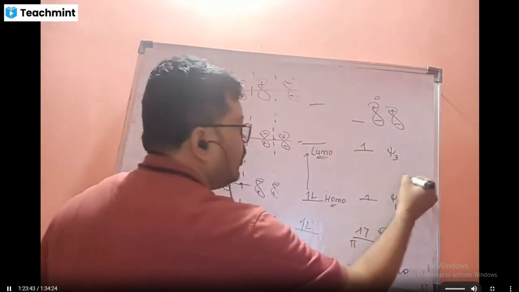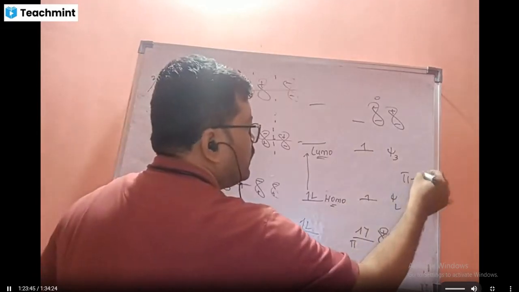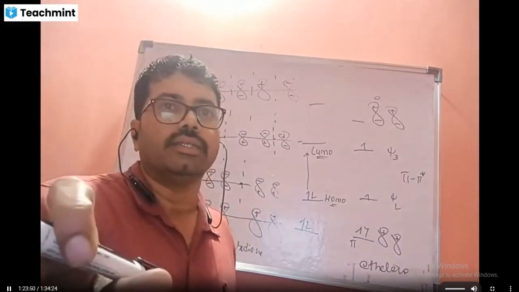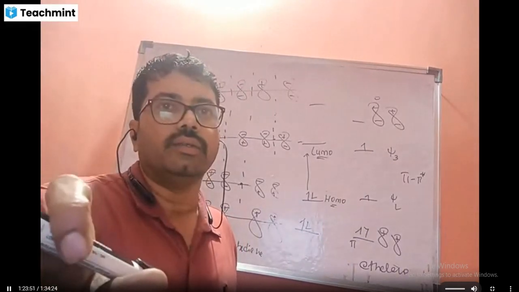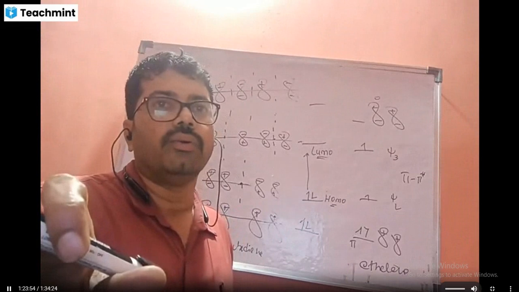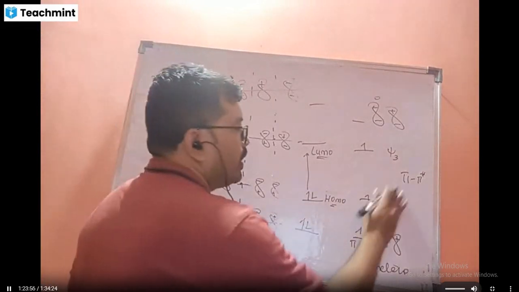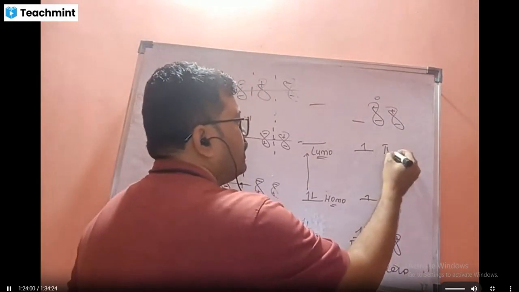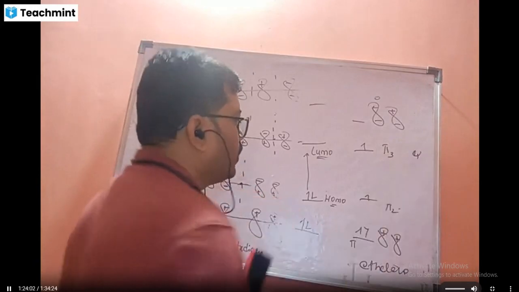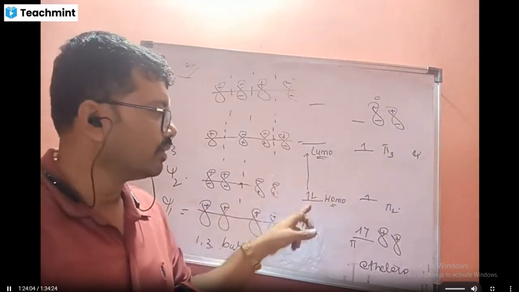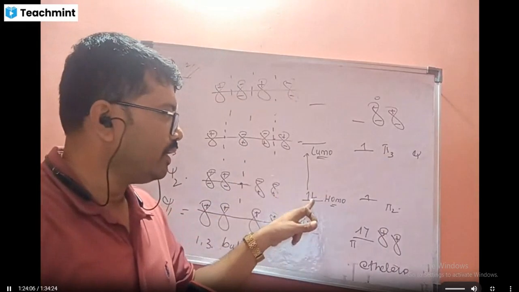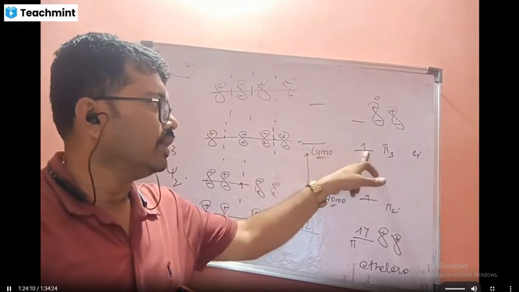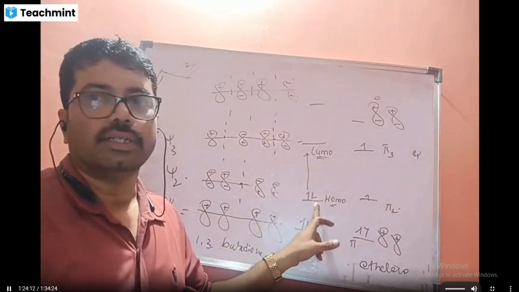This is called a pi to pi star transition. So at the molecular level, when light is absorbed, one of the electrons is promoted from the ground state to a higher energy level.